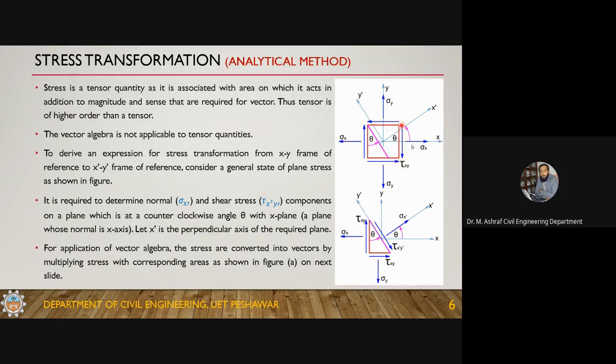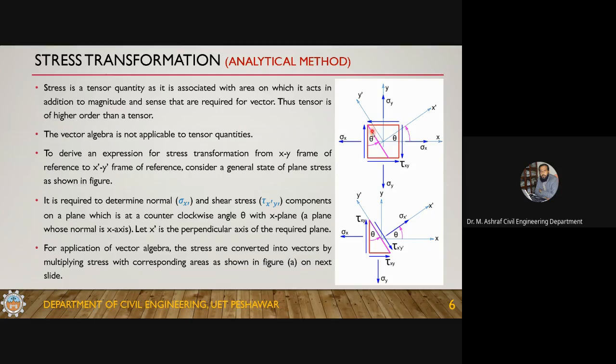Now for theta, which defines the frame of reference. Let's suppose it is required to calculate stresses on this pink plane. This plane is making a counterclockwise angle of theta with the x plane. This x prime is perpendicular to the plane, and this y prime is parallel to the plane.